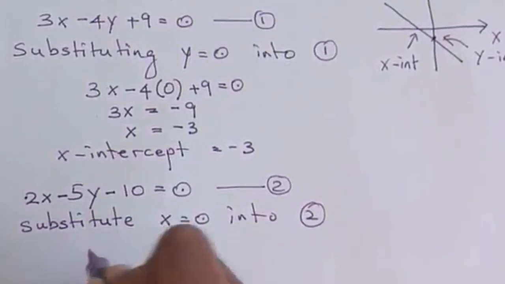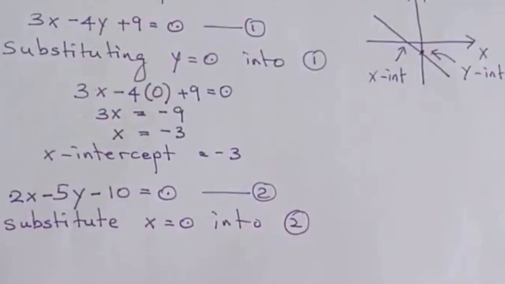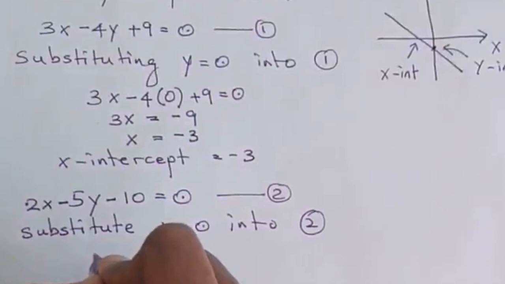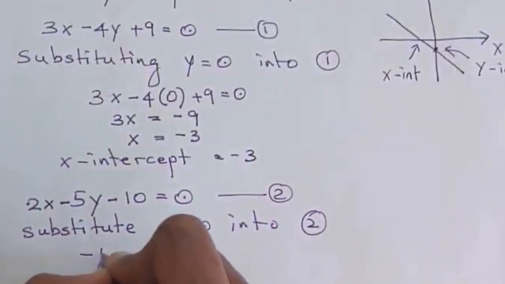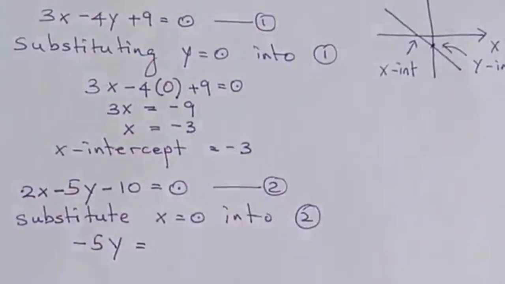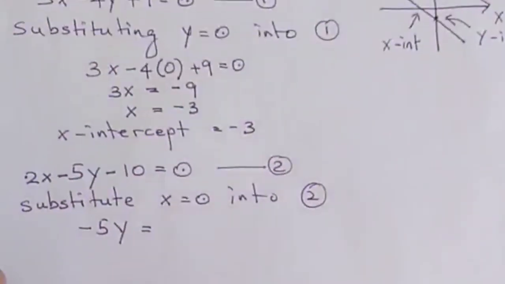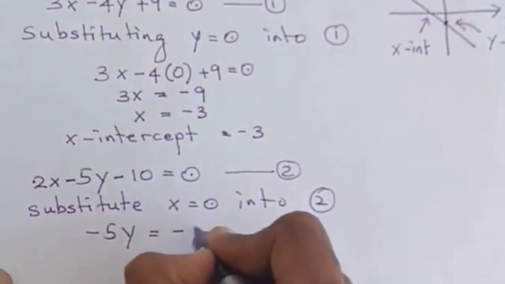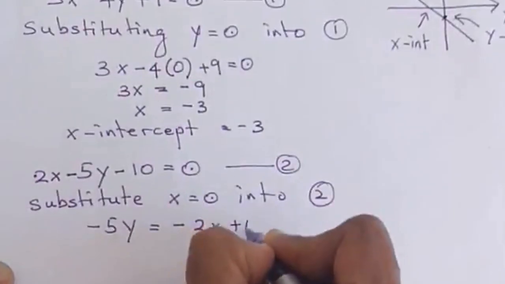This time I'm going to isolate y because I'm trying to find what y is. So that's negative 5y. I'm going to move all the other terms to the right side of the equation, so that's negative 2x plus 10.